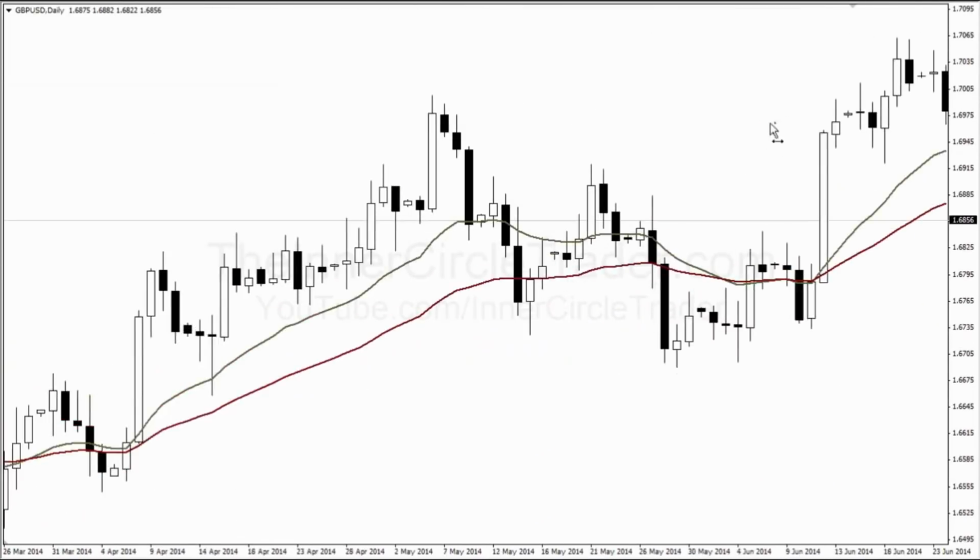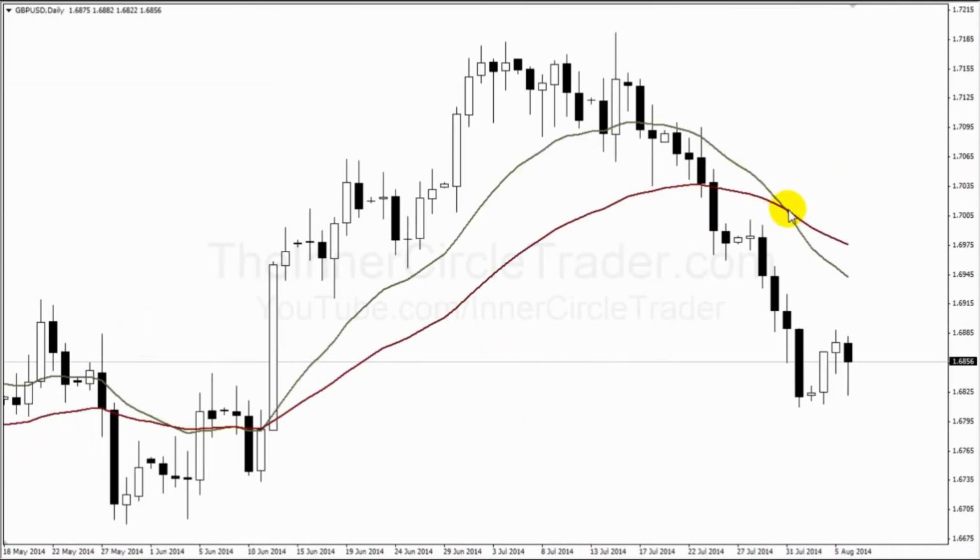We have a delay in the crossover here until, what day is this? The 21st. So we're looking at 10 days later before we see the same thing occurring in cable in terms of using the moving averages. Now that's for looking for swing trades. The 18 and 40 is used for swing trades or short-term trades.